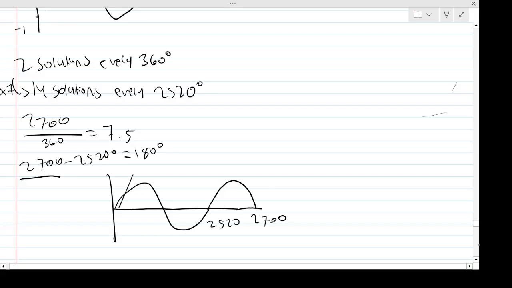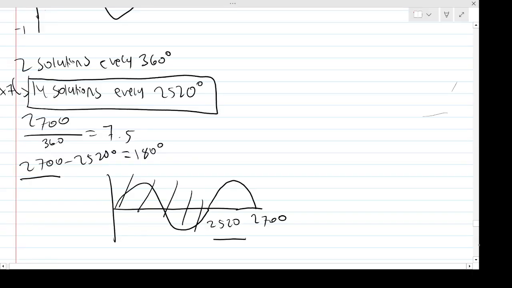So we already accounted for, right, the first, we know there are 14 solutions up to 2,520 degrees. So we don't need that. We already seen that part of the graph. We then need to consider if there are any more solutions after that, right?